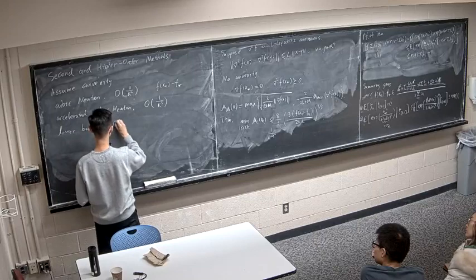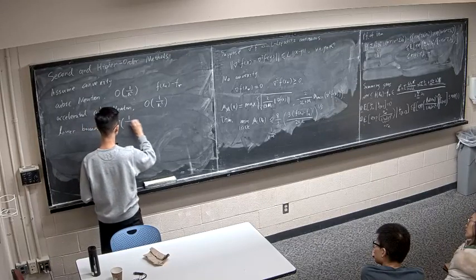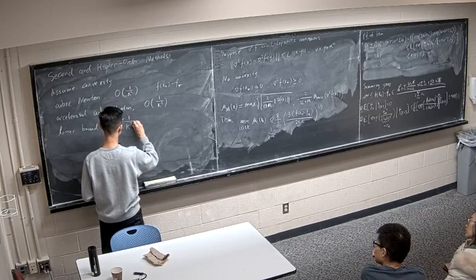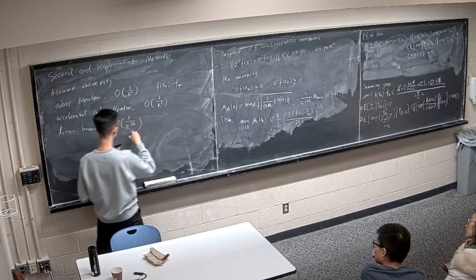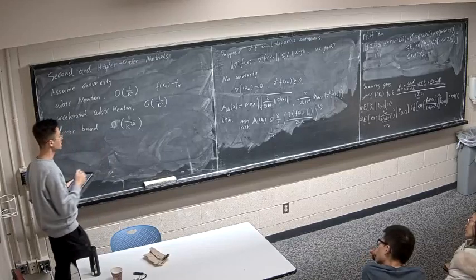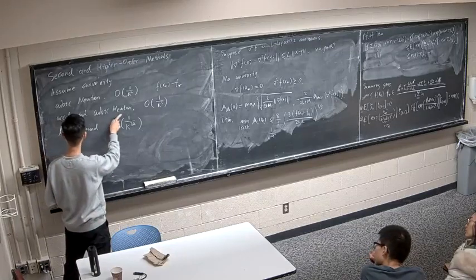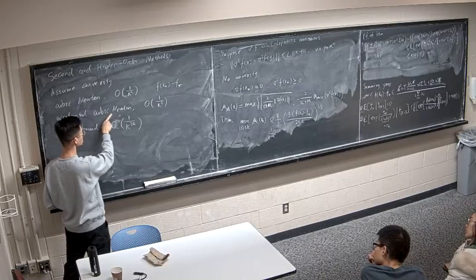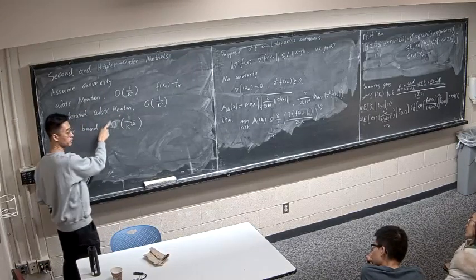is actually one over k to the 3.5. So the lower bound is better than this algorithm's upper bound. So there is a gap, right?